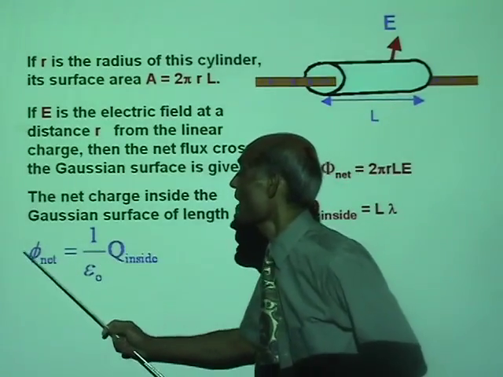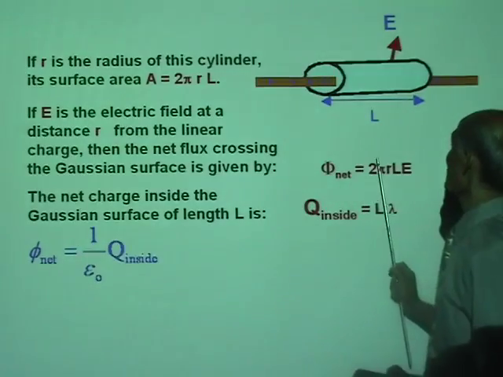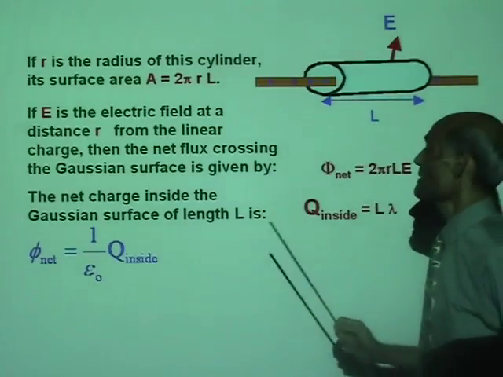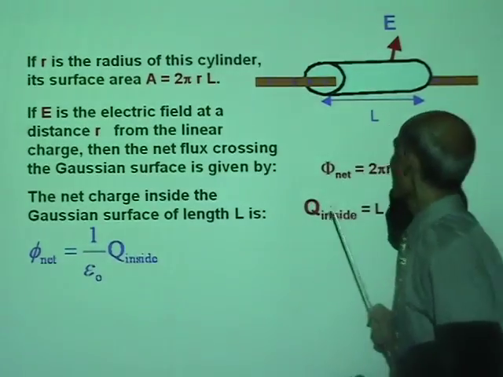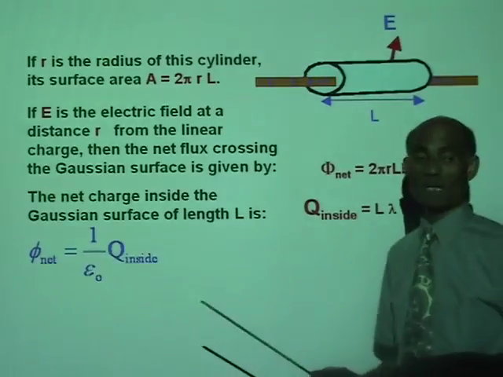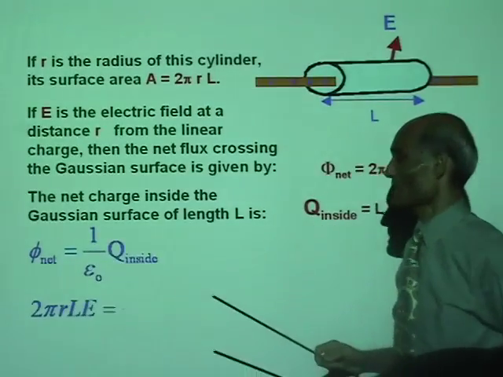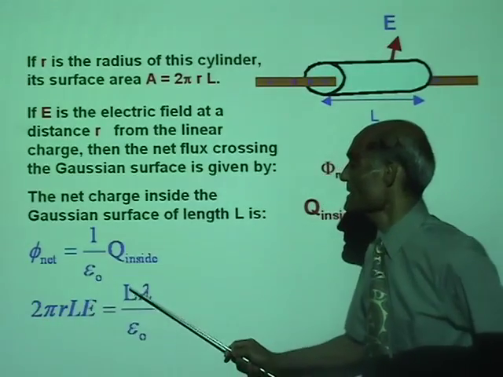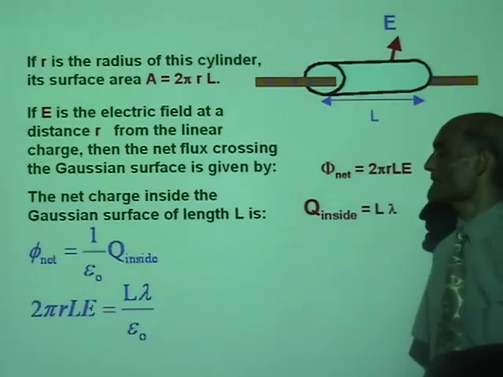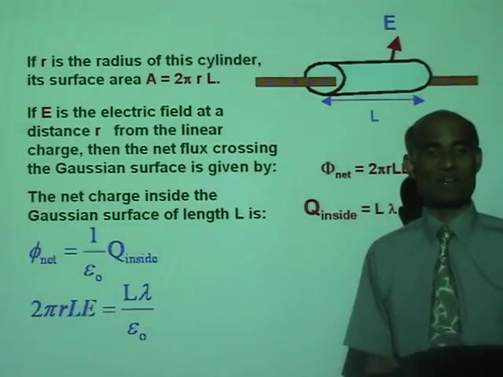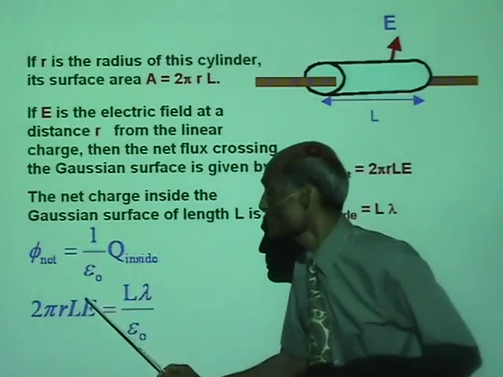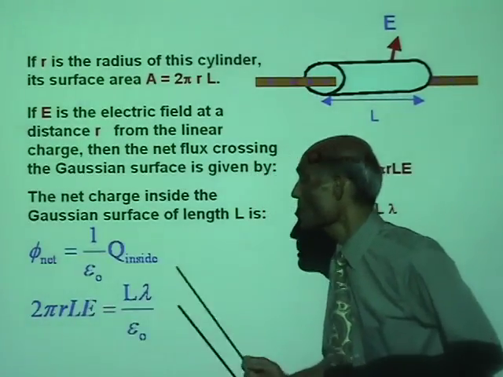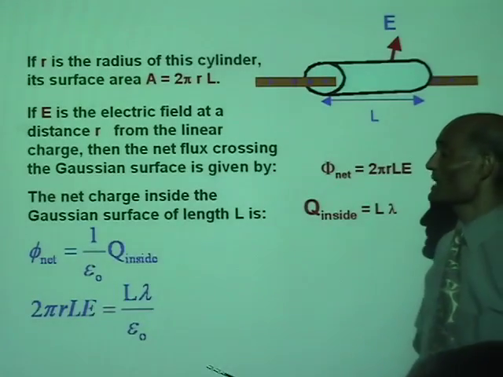And of course, phi net is this 2 pi r L E, and Q inside is L times lambda. Let's use those values there, which gives me 2 pi r L E equal to L lambda divided by epsilon naught. And you can see L and L will cancel from both sides.